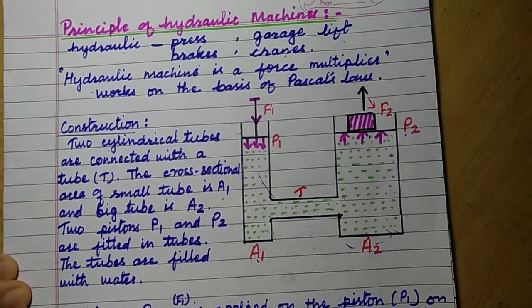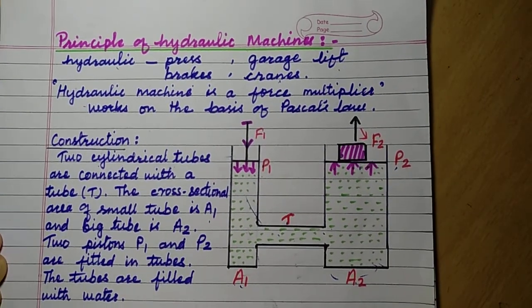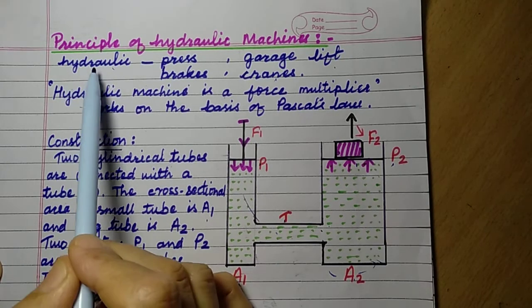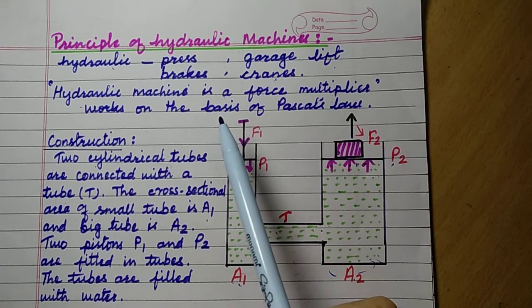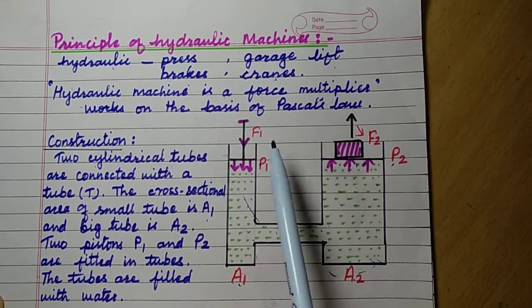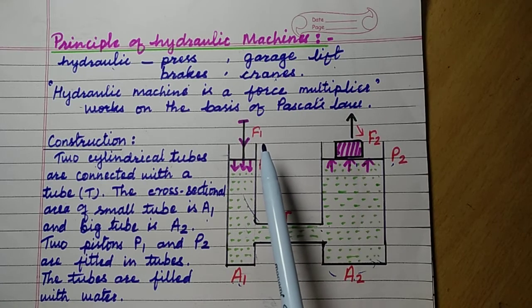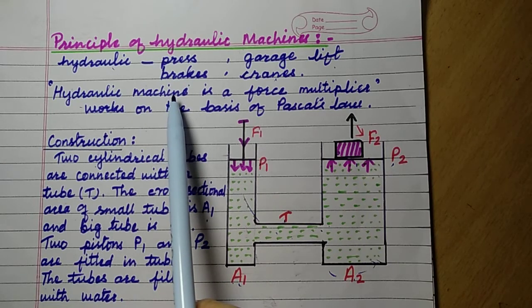Now we are going to see the next part, principle of hydraulic machine. So hydraulic machines are hydraulic press, pressing like cotton bundles are pressed. Hydraulic garage lift, to lift up the vehicles for cleaning purpose or for repairing purpose. Hydraulic brake is used in the vehicles, four-wheelers.